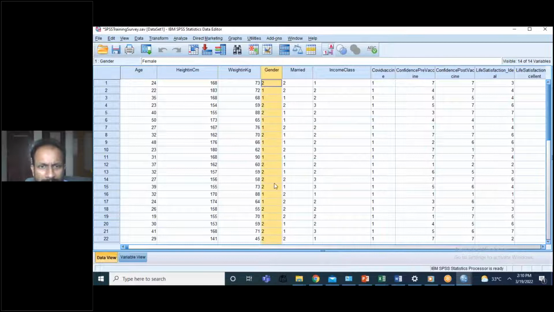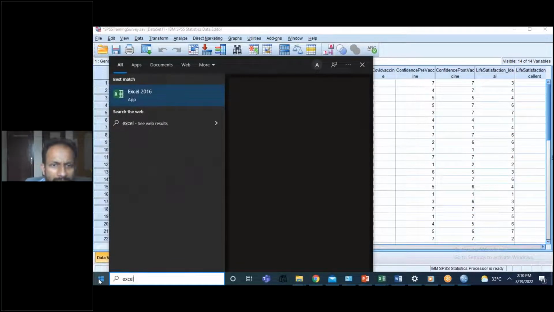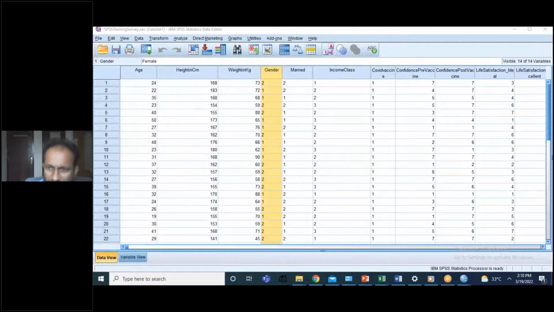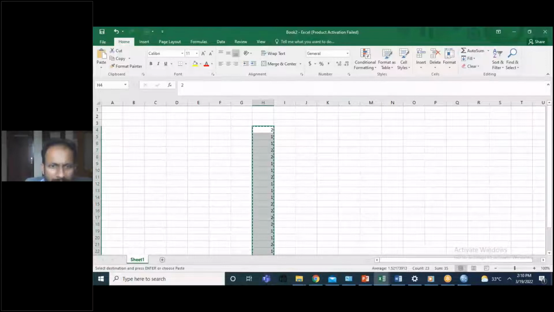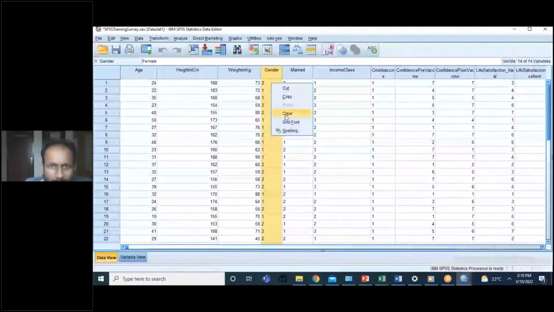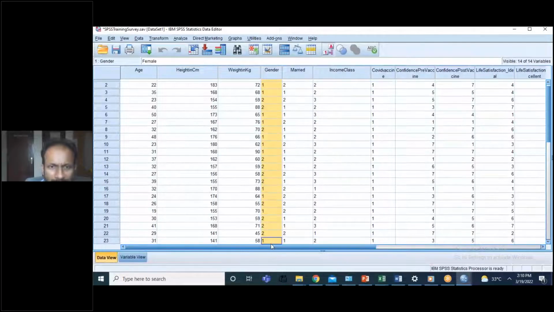I will copy this and put it in. It is actually accepting only values in the form of numbers, so that's why it is not accepting it. So I will paste it, and again I will copy this and put it here. That will solve the problem.